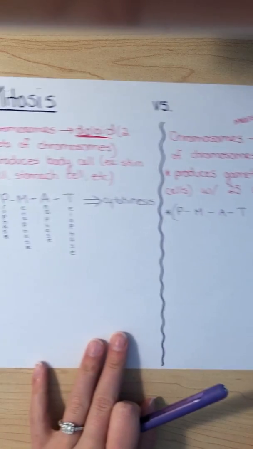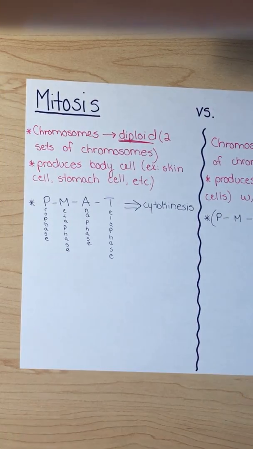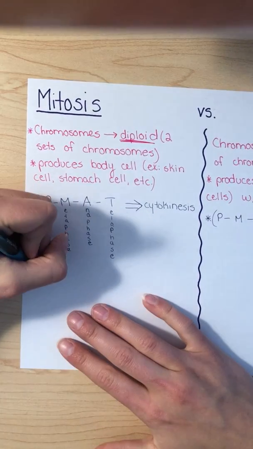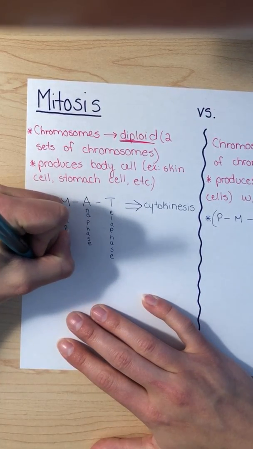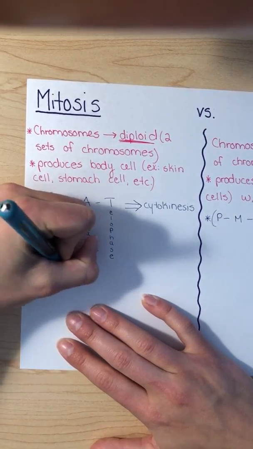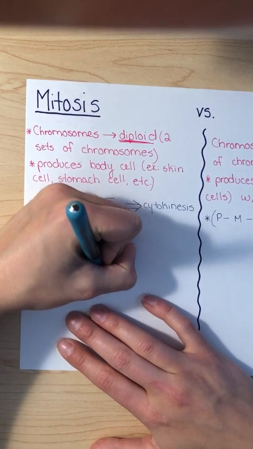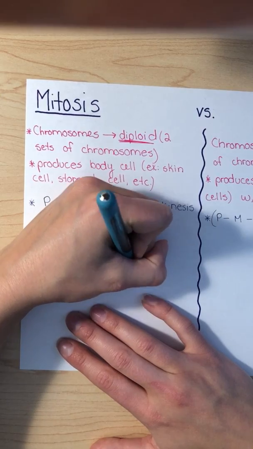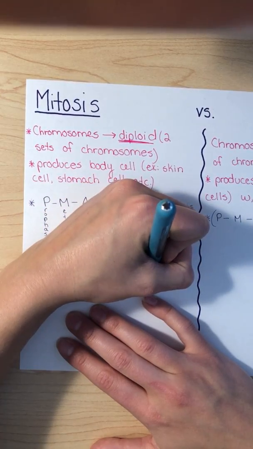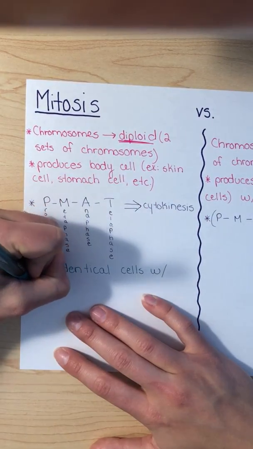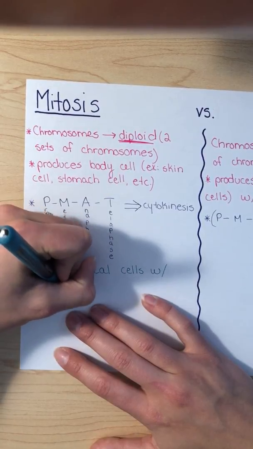Okay? So speaking of how many cells that these processes produce, mitosis produces 2 identical cells with 46 chromosomes.